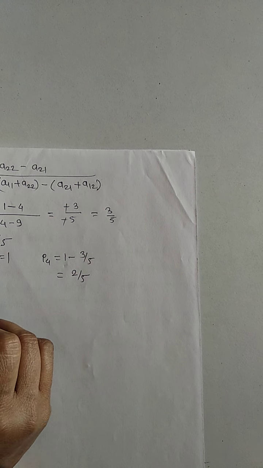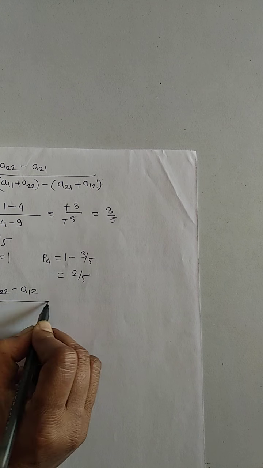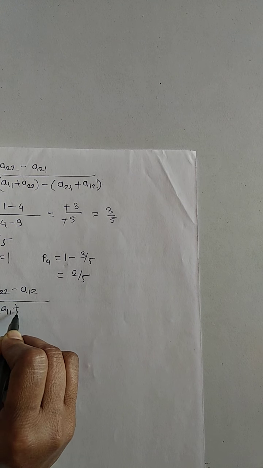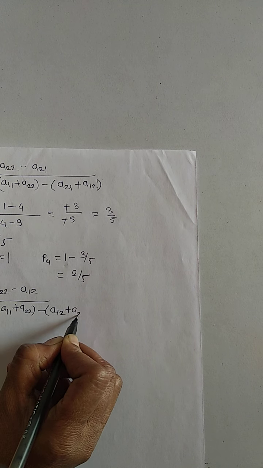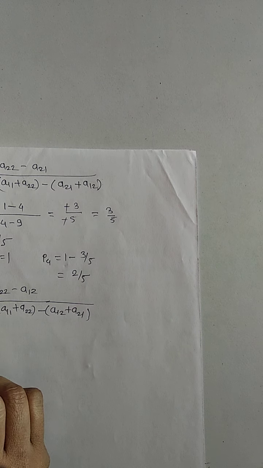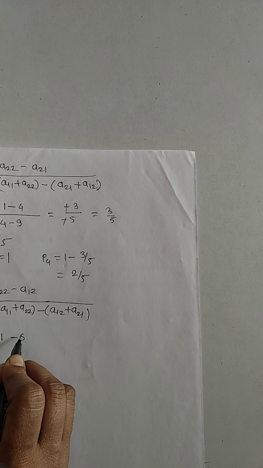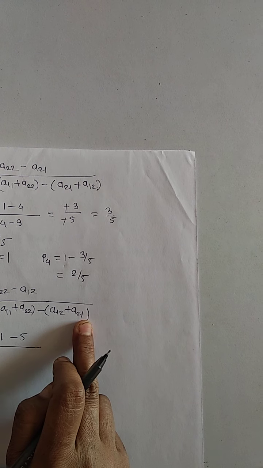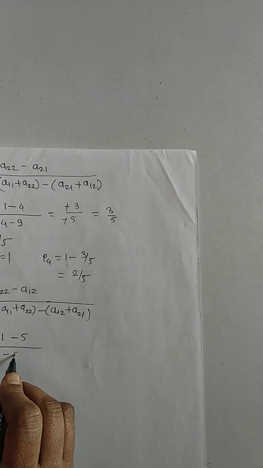Q1 is equal to A22 minus A12 upon A11 plus A22 minus A12 plus A21. And A22 is equal to 1, A12 is 5, and this addition and subtraction is minus 5.